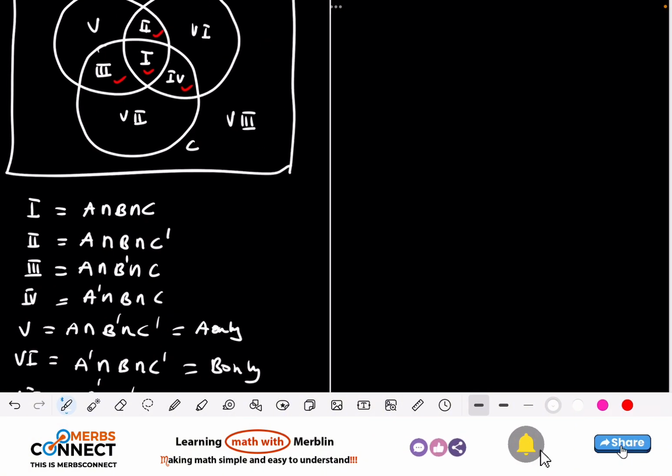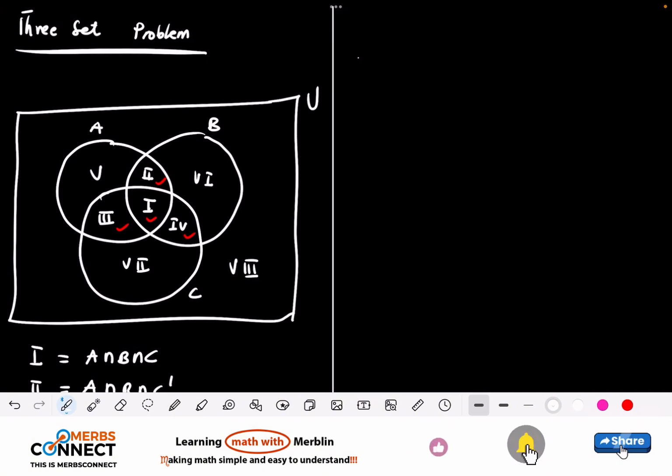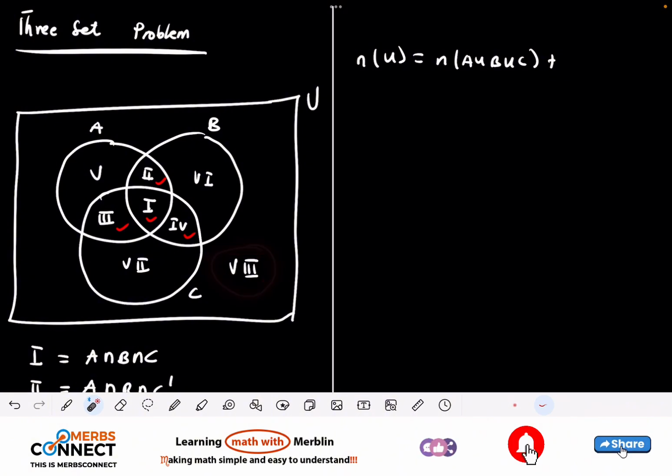Now let's generate some equations from here. Now we can see that the number of the universal set is equal to the number of A union B union C plus, so when you combine all of them, A, B, and C, plus, if we have any number here, the one that we just looked at, so this one will be any number.